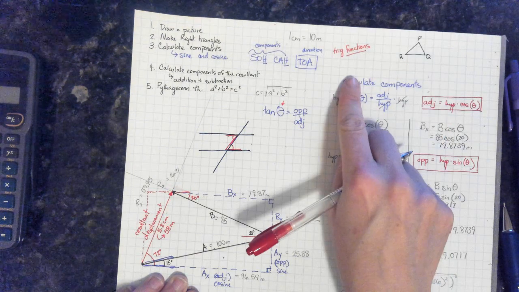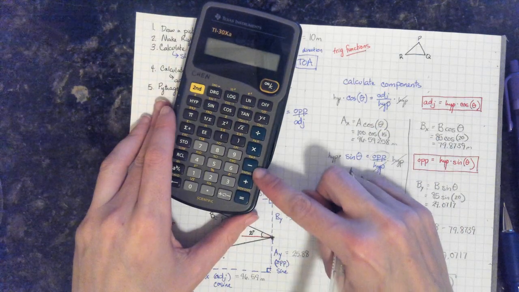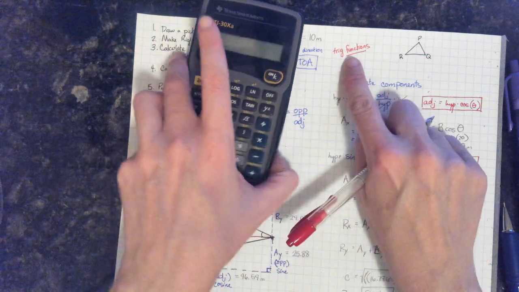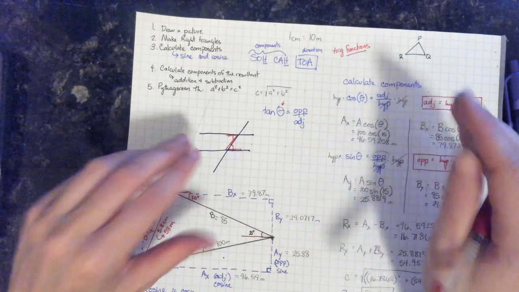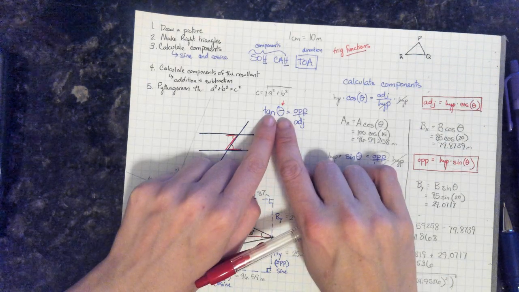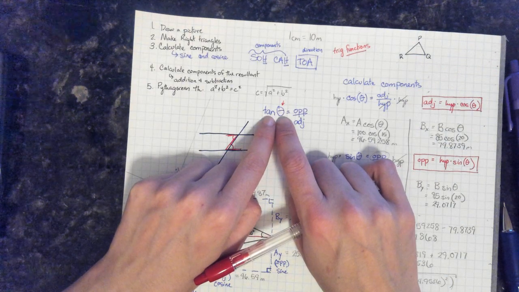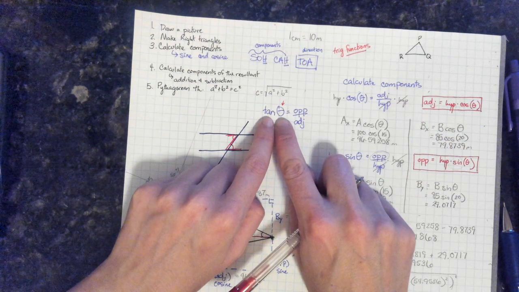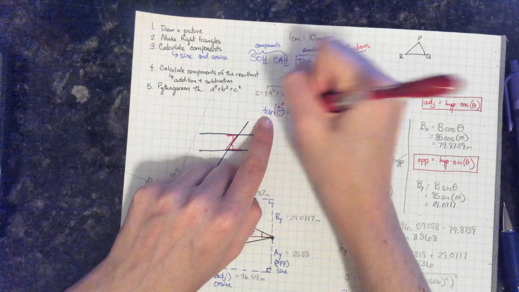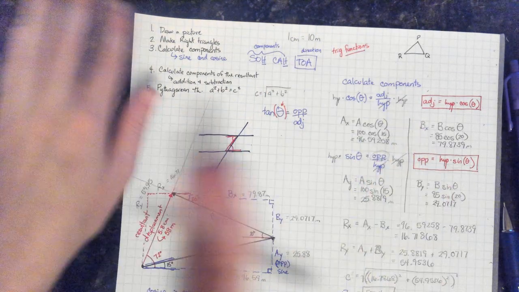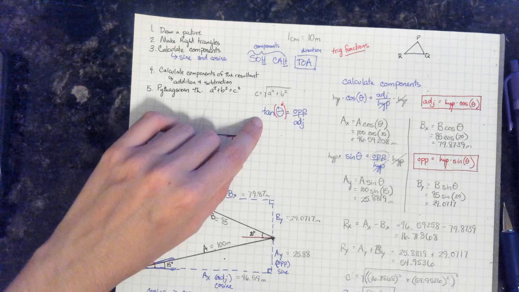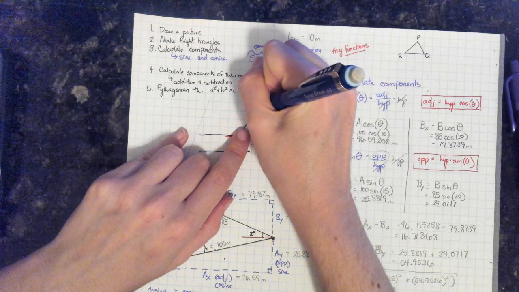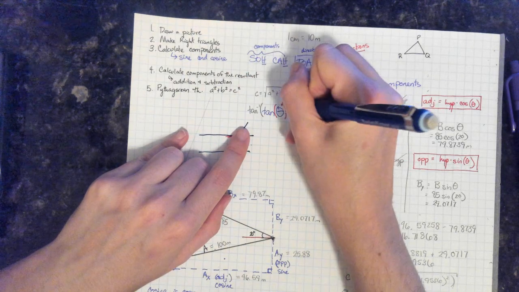They're not just operations like add, subtract, multiply, divide. They're their own special thing. We can't just divide by tangent, because tangent isn't a thing we can multiply by. This is a function: we put something into the function and something else comes out. In order to undo a function, we have to do the inverse function to both sides.